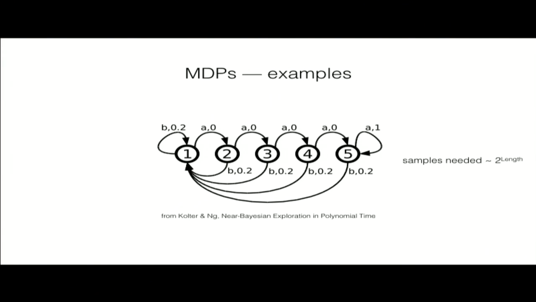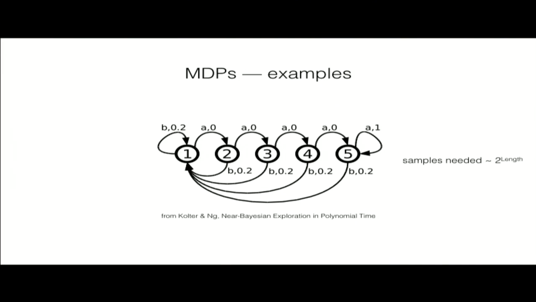One toy MDP which is illustrative is what's sometimes called the key something, I don't remember exactly what it's called. This is a deterministic MDP, and there are two actions, A and B. If you choose action A, you move to the right, and if you choose action B, you go all the way back to state 1.